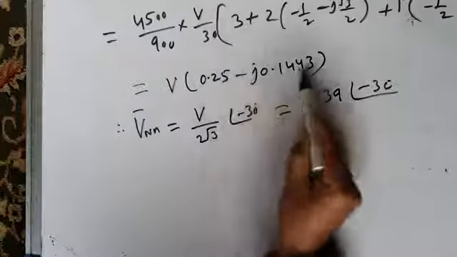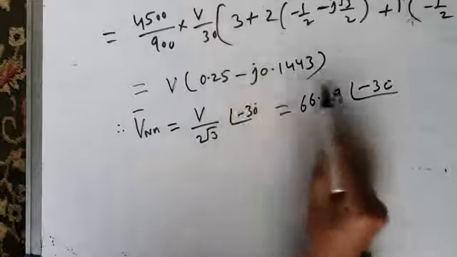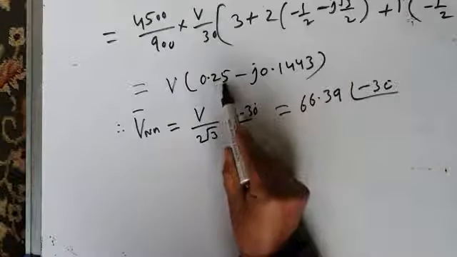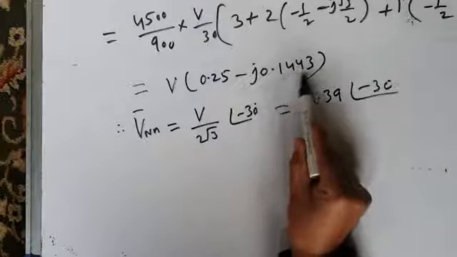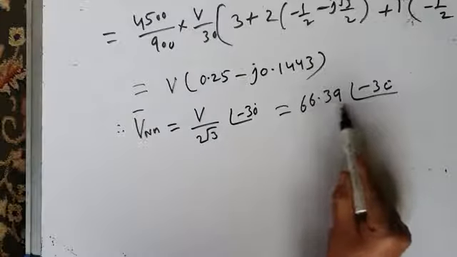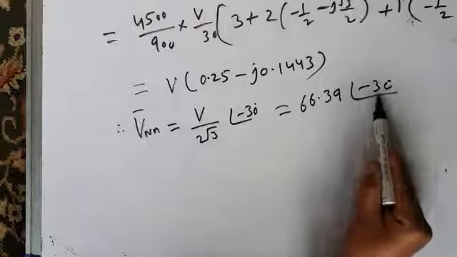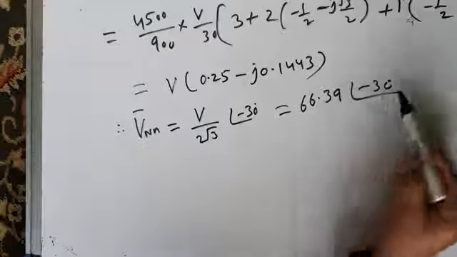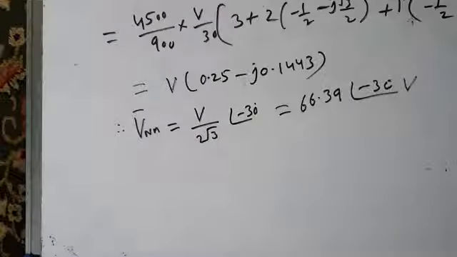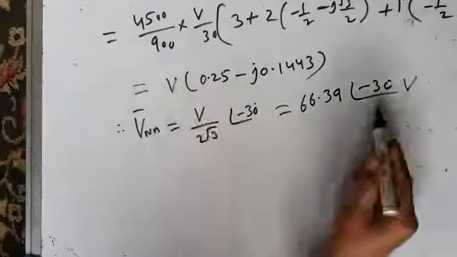This is in rectangular coordinates. When you transform it into polar coordinates, it will be the square root of 0.25 squared plus 0.1443 squared at an angle of minus 30 degrees into V. V is already there.